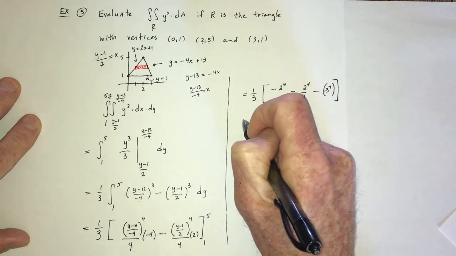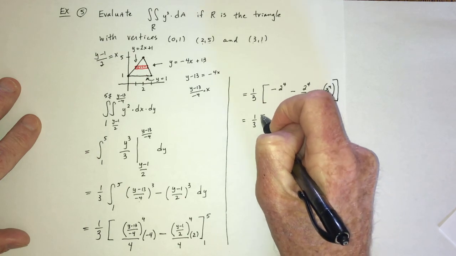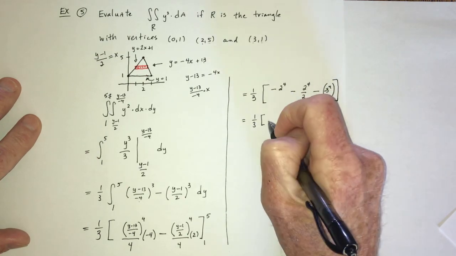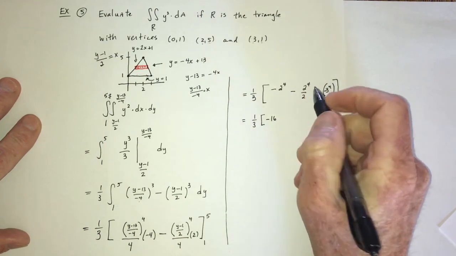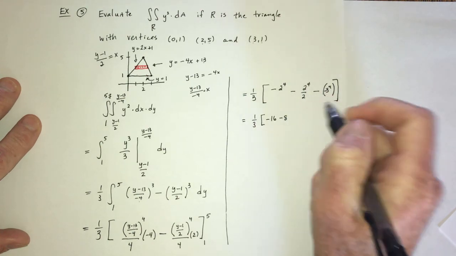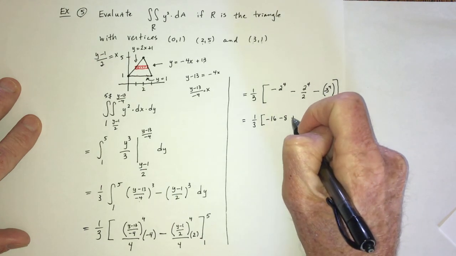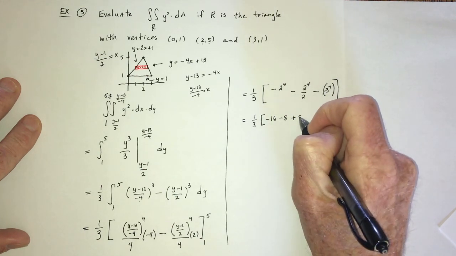Okay, so how much is all of this? So this is going to be 1/3 times, this is going to be negative 16. This is going to be 16 cut in half, so that means minus an 8. And then that's a negative, and that's a negative, so actually add 3 to the 4th is 81.